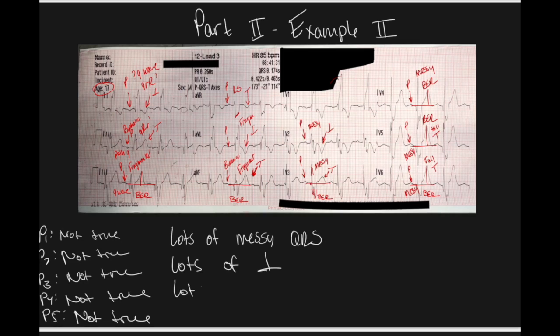We have a good bit of tall T waves. A good bit of benign early repol. So there seems to be a lot going on with the 17-year-old. And some S-wave slurring.